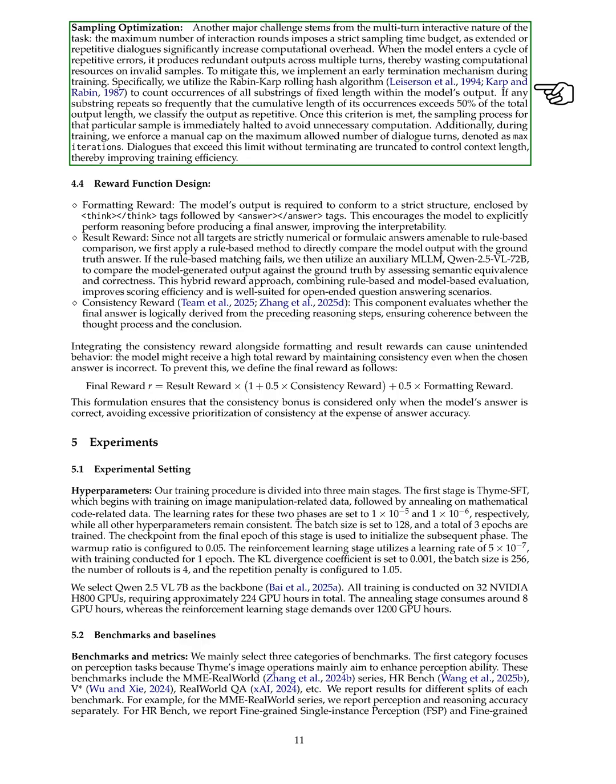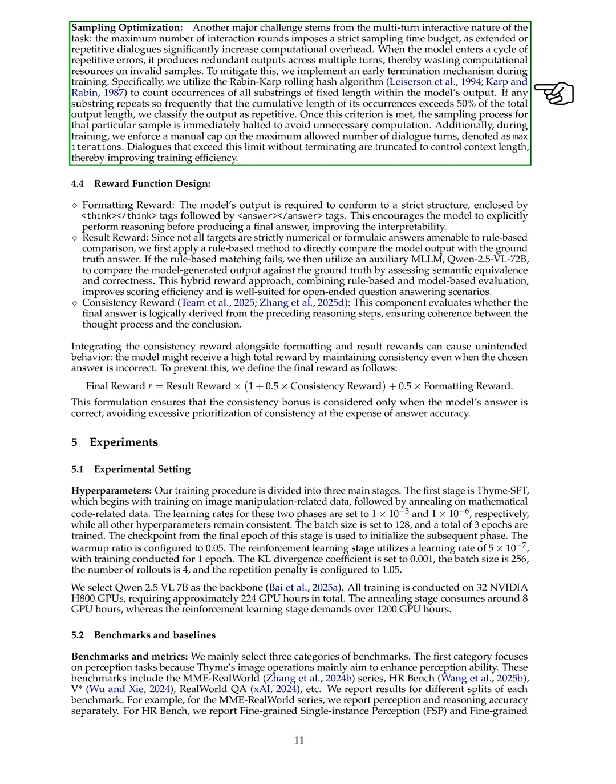The limited number of interaction rounds creates a strict time budget for sampling, as lengthy or repetitive dialogues can lead to increased computational costs. When our model makes repeated errors, it generates redundant outputs, wasting resources on invalid samples. To tackle this, we implement an early termination mechanism during training.